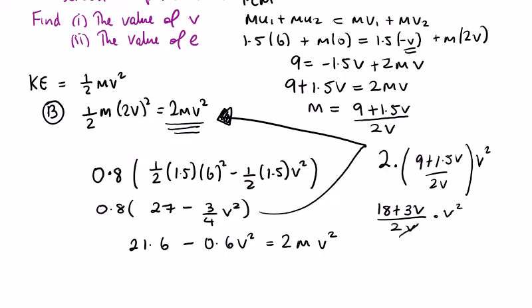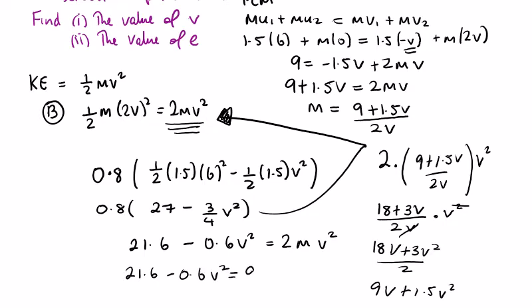So I can divide by v to get rid of the squared, and I'm going to be left with 18 plus 3v squared over 2, which is 9v plus 1.5v squared. Okay, so I'm going to get 21.6 minus 0.6v squared is equal to 9v plus 1.5v squared.